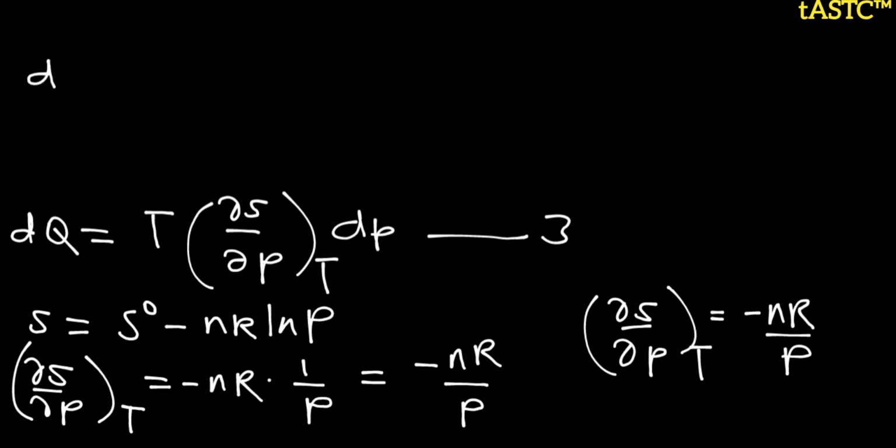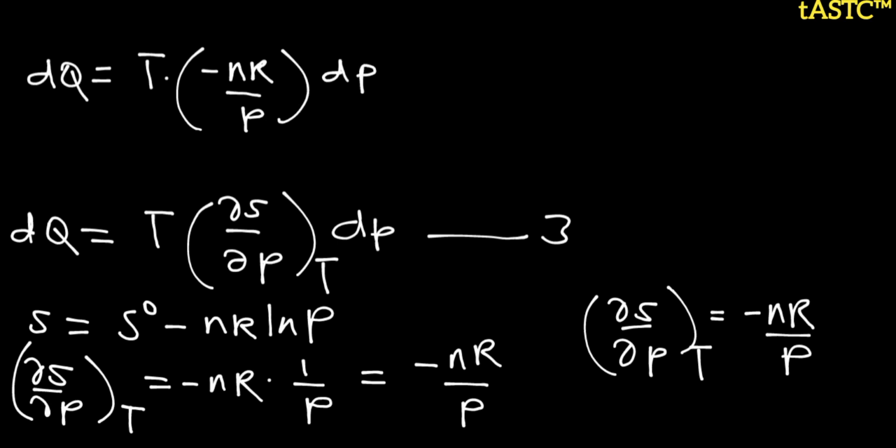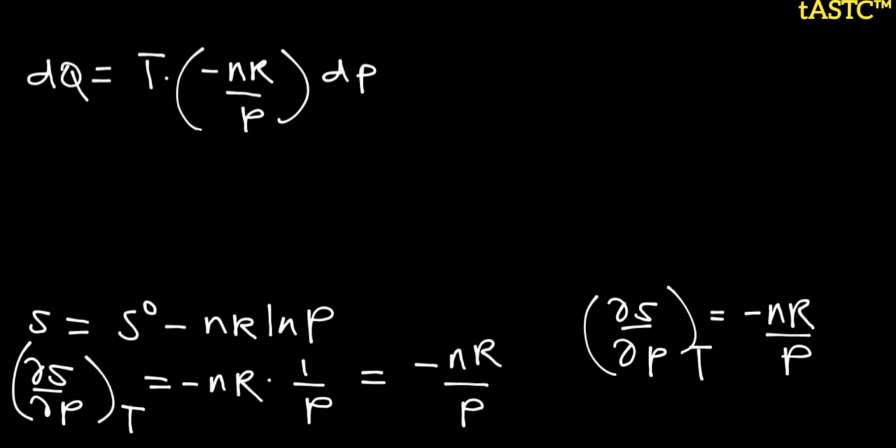So we have dq equal to T multiplied by minus nR divided by P, multiplied by dP. Now we know this is our constant T. We don't really need to write that anymore because we already have the constant T represented on this other side. So I'm going to wipe this out also.